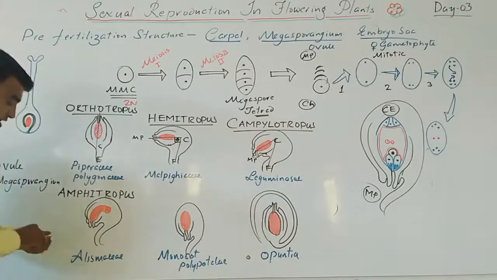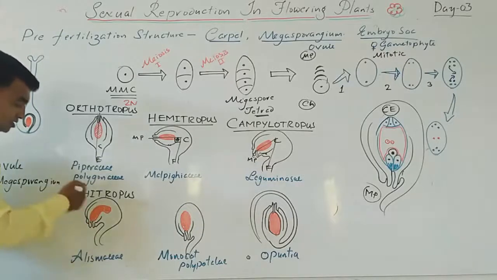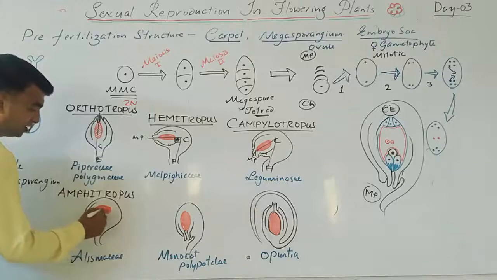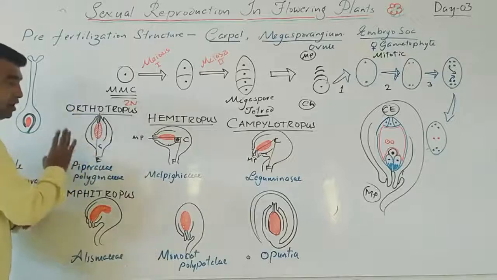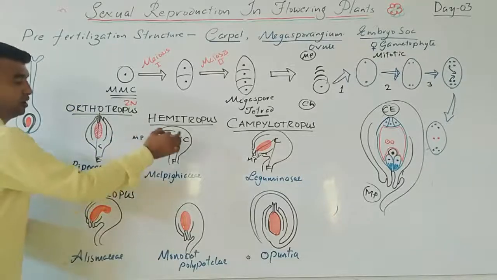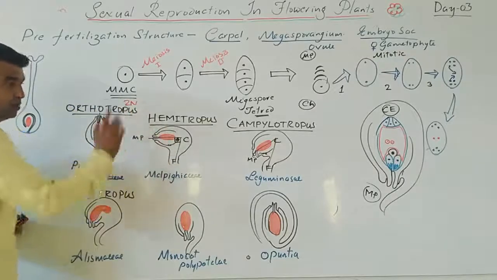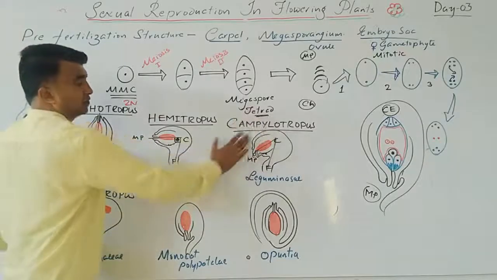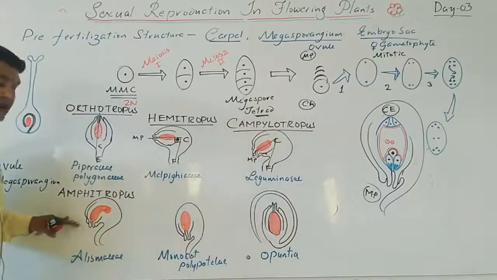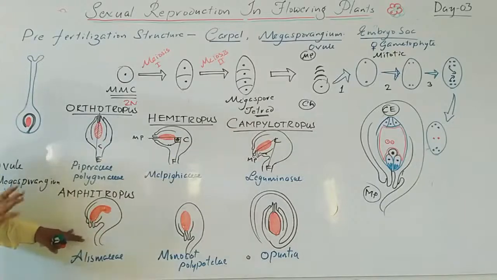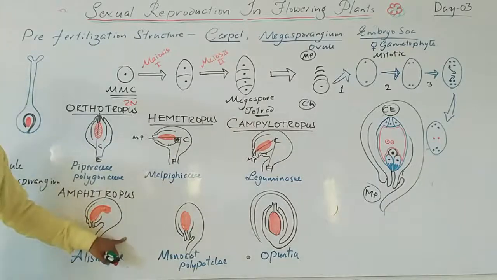So because the embryo sac is curved, this is amphitropous. Example, Alisma. So a question can be based on this: when they are in a straight line, orthotropous; micropyle and funicle at 90 degrees, hemitropous; almost 45 degrees, campylotropous. Amphitropous means where the embryo sac is also curved and it is a horseshoe shape.